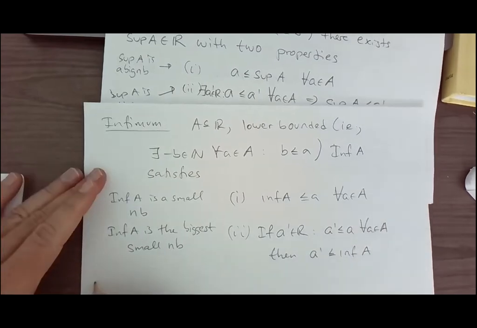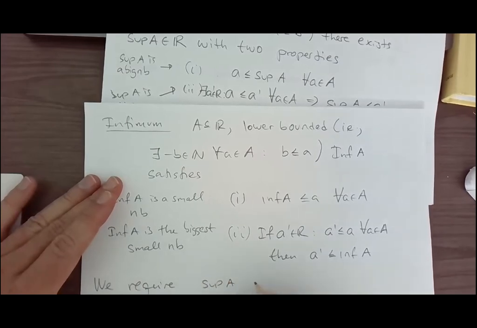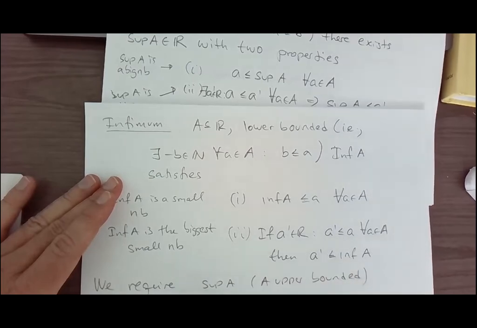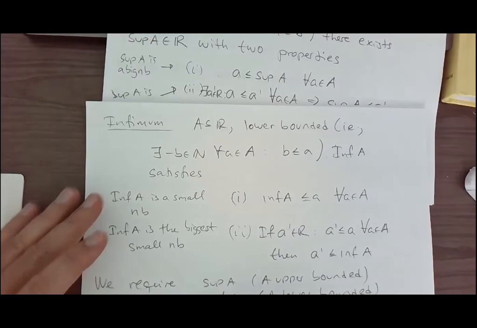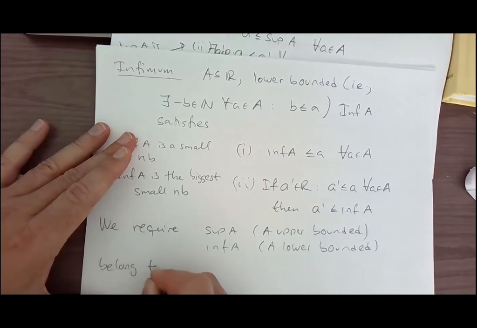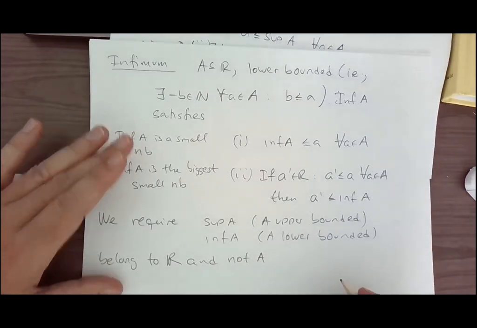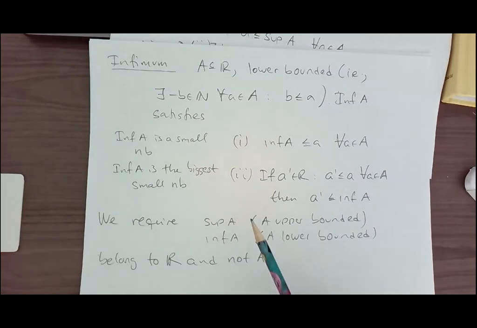And we should say in all of this, we require that the supremum of A, so A upper bounded, and the infimum over A, so this is for A lower bounded, belong to R, but not necessarily A. So sup and inf, the real numbers, do not need to belong to the set A itself.